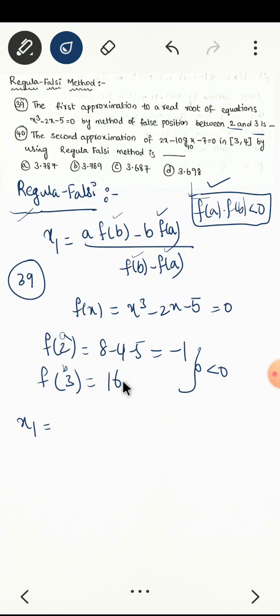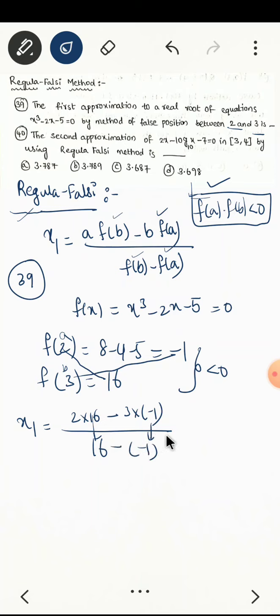So it is 2 into 16 minus 3 into minus 1, divided by 16 minus of minus 1. So I am getting x1 as 2.0588. In the blank you have to substitute 2.0588.